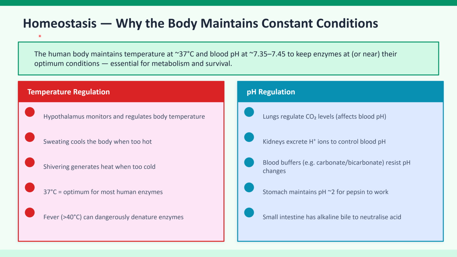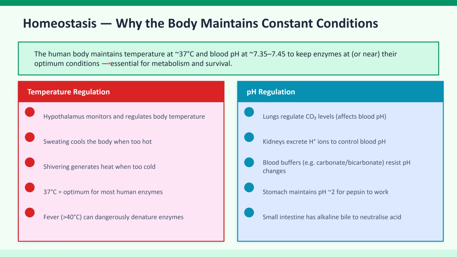Let's discuss homeostasis, why the body maintains constant conditions. Think about it: why do we sweat when it's hot and shiver when it's cold? It's not just to make us comfortable, it's a life or death mission to protect our enzymes. This is the world of homeostasis.